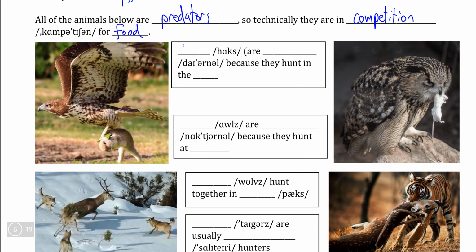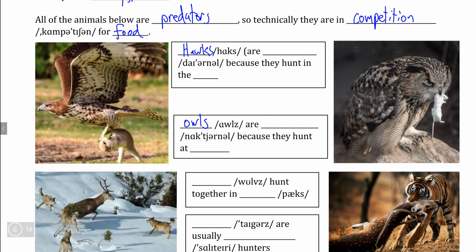Well, let's look at the hawk and let's look at the owl for a second. The major difference between hawks and owls is the time of day that they hunt, that allow hawks and owls not to have to compete with one another because they operate at different times of the day.